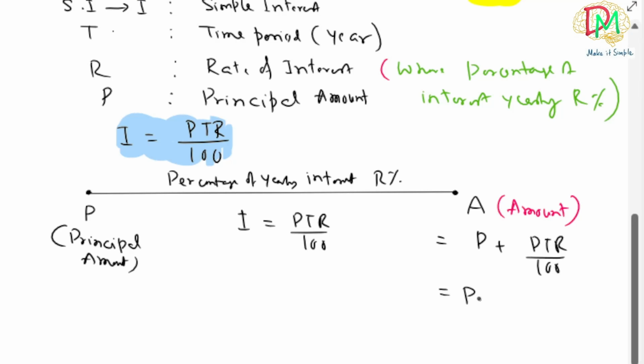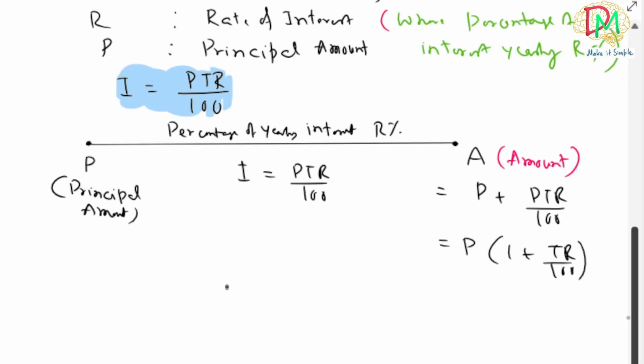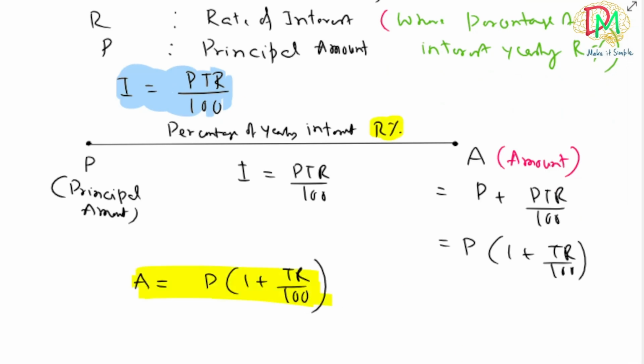If we take common, we get 1 plus TR by 100. This is also a second formula. So amount is equal to P into 1 plus TR by 100. You must remember this. A is equal to P plus I.